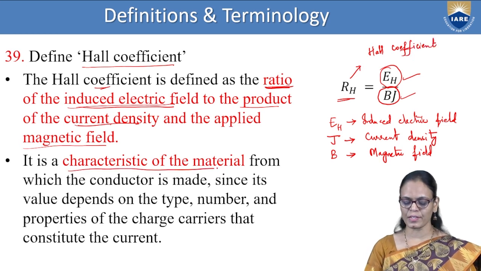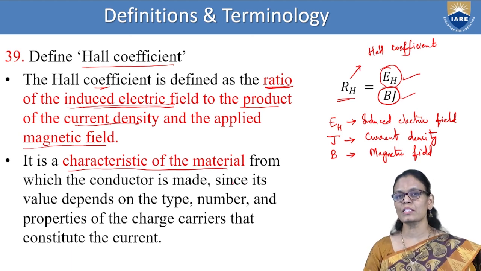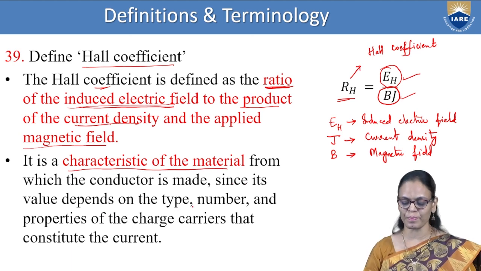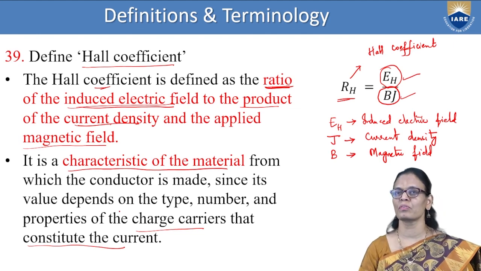It is a characteristic of the material from which the conductor is made, and its value depends upon the type, number and the properties of charge carriers that constitute the current. It all depends upon the type of material we are taking.